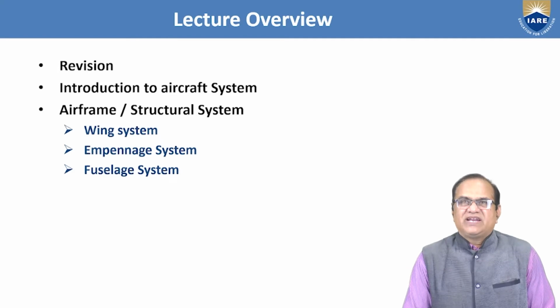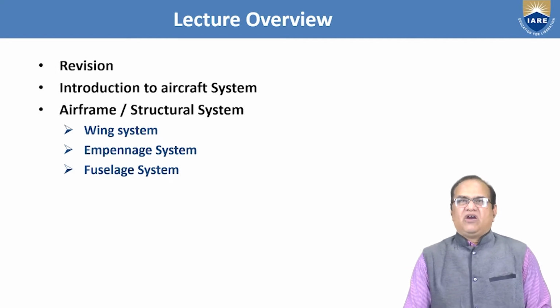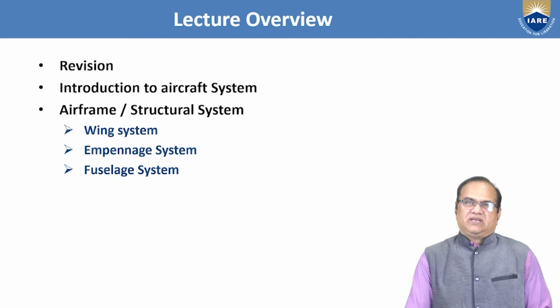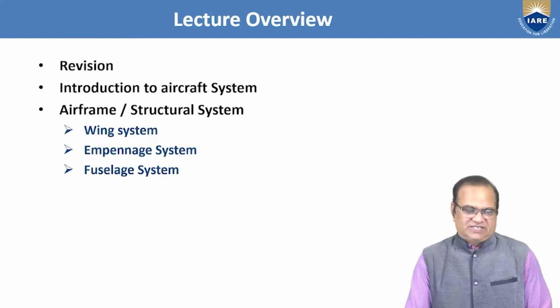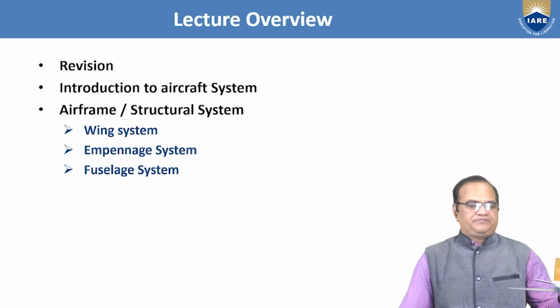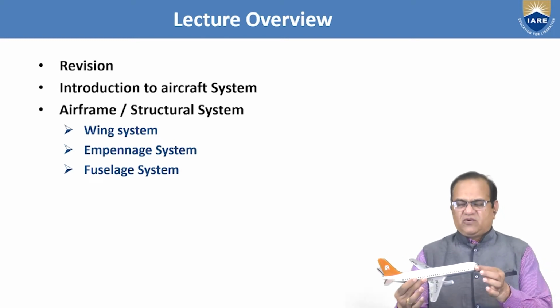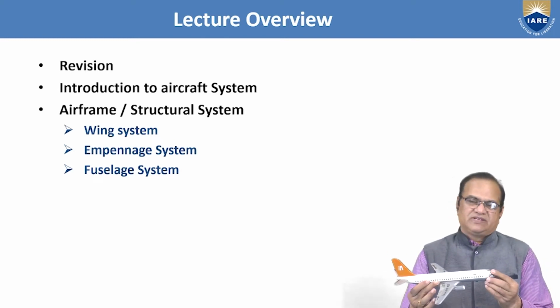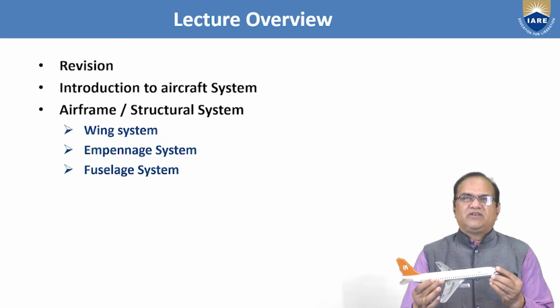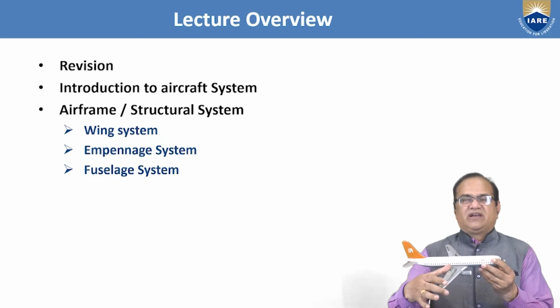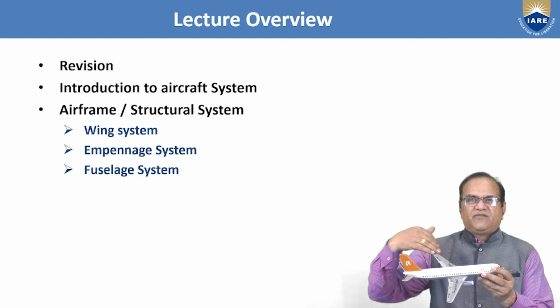In airframe and structural system, we have 3 major areas of airframe and structure: the wing system, empennage system, and the fuselage system. Here I have a model of the aircraft. These are the wings, 2 wings, left wing and right wing.